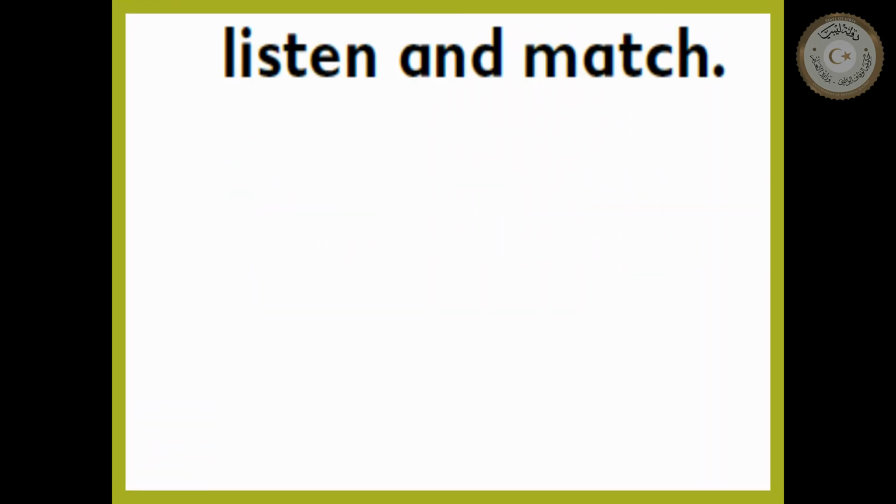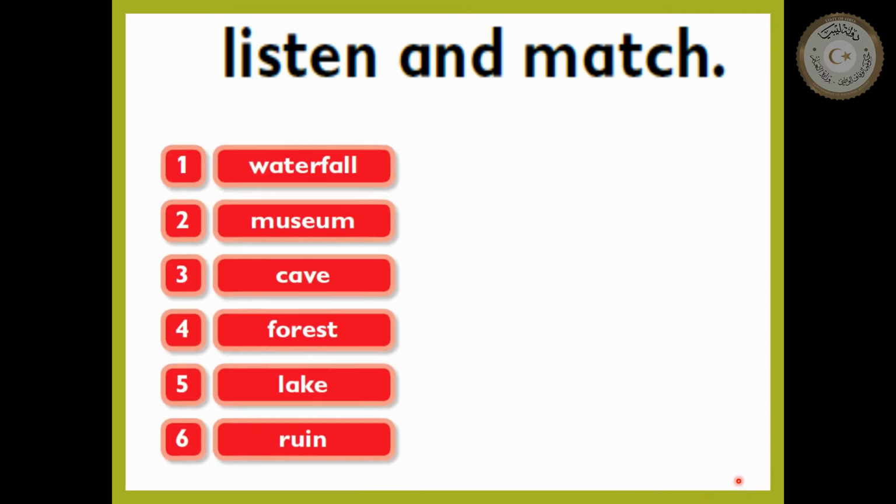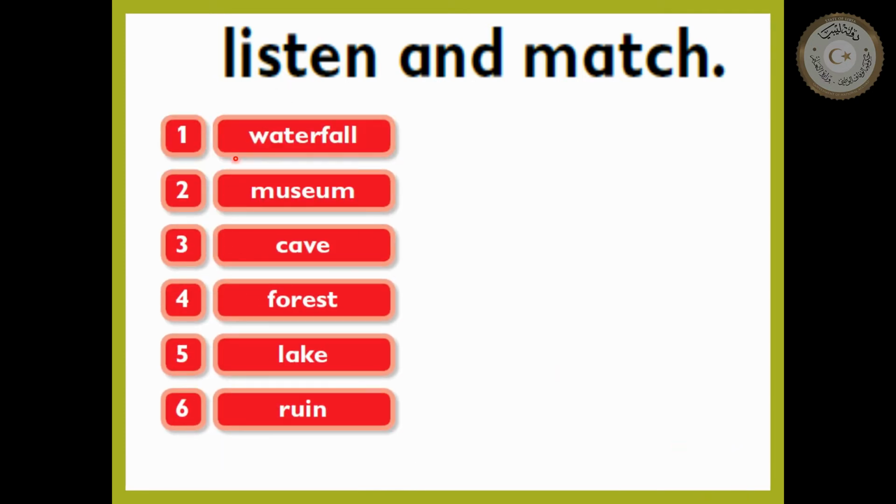So now listen and match. The first group are words of places, different places. Can we read them? Waterfall, museum, cave, forest, lake, ruin.